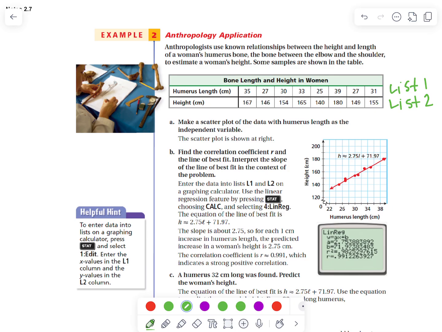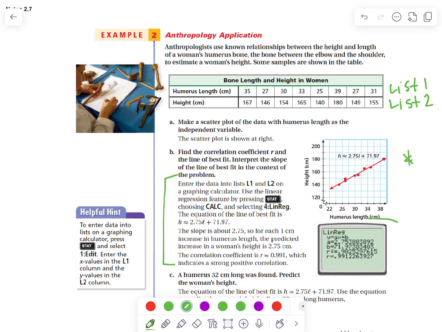So what you would do is first make a scatter plot. Here is the scatter plot graph. Then you would enter those data points into the graphing calculator, and I did put those steps for you here, and we will do this together in class also.